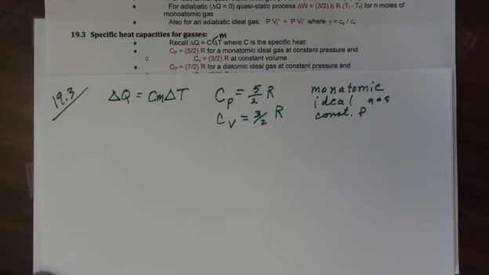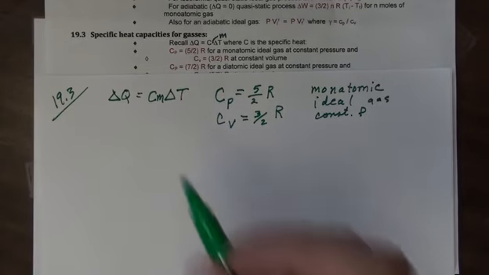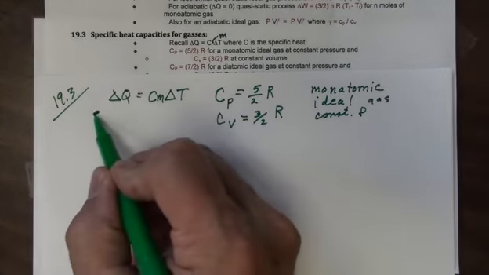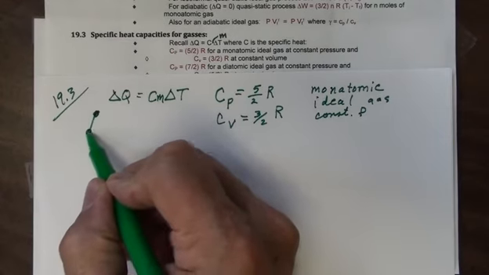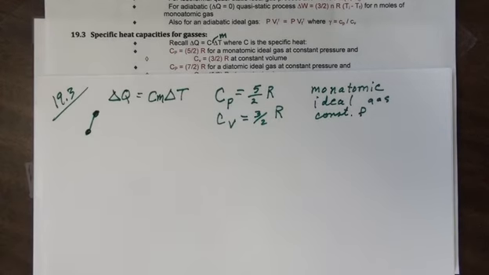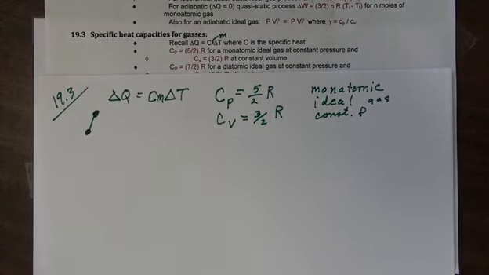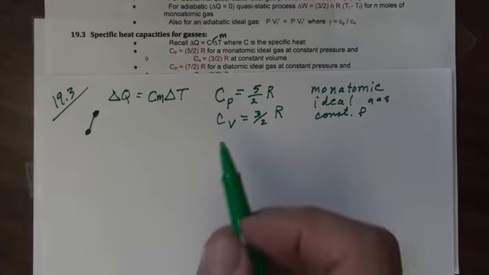If we have a diatomic gas, then we have two atoms connected to each other, and this type of atom can also rotate or vibrate in addition to its normal translational motion, so therefore the specific heat is going to be different.